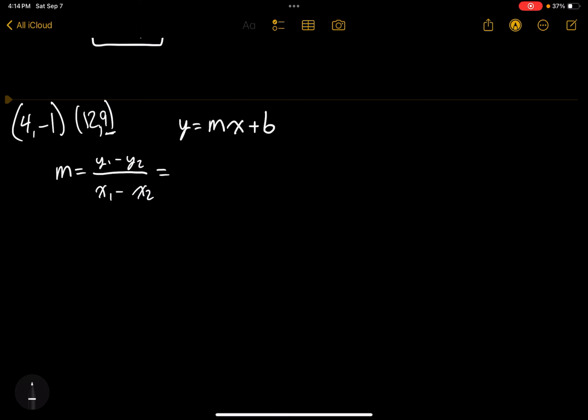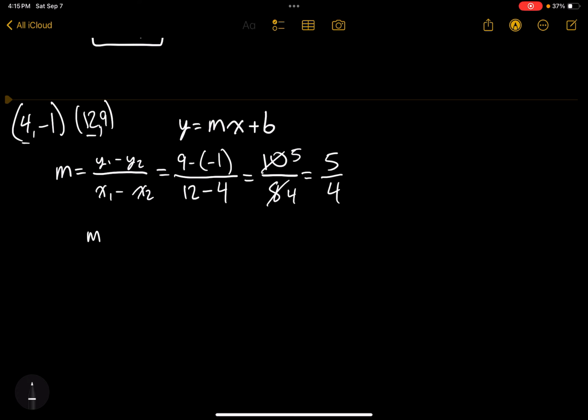So let's just start here. 9 minus negative 1 over 12 take away 4, which is equal to 10 over 8. Now I can simplify, and I can divide both sides by 2, and m is equal to 5 over 4.